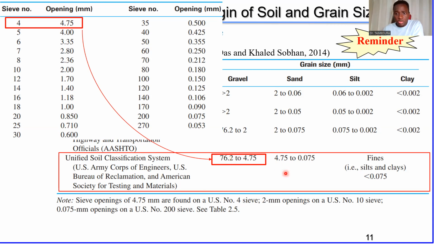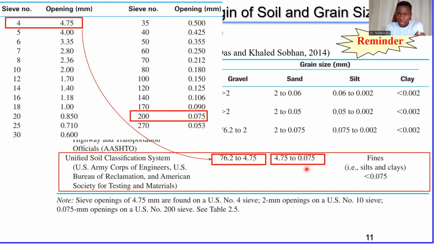Okay, and we need to know also this sieve number 200, which corresponds to the lower limit of this interval, meaning 0.075.